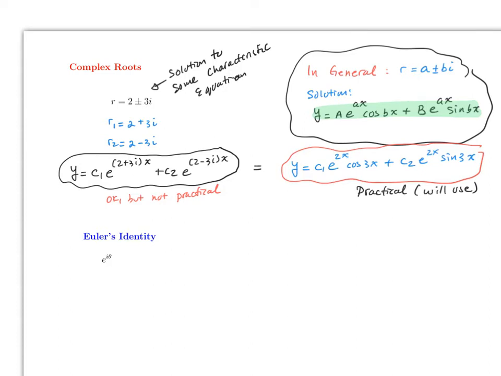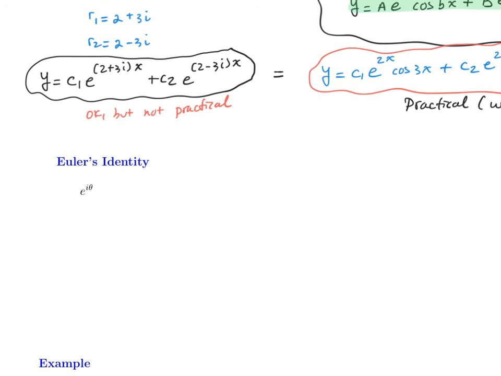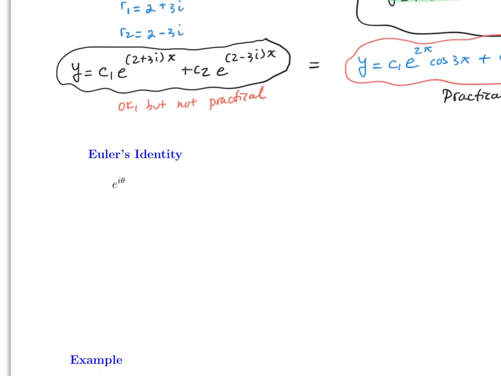Now, how is it that this is equal to this? I'm going to show you using Euler's identity why that's the case. But again, if you don't want to deal with Euler's identity, you don't have to. You can just go straight to this formula. But it's a good idea to know where things come from. Now, if you remember Euler's identity from pre-calculus, e to the i theta equals cosine theta plus i sine theta.